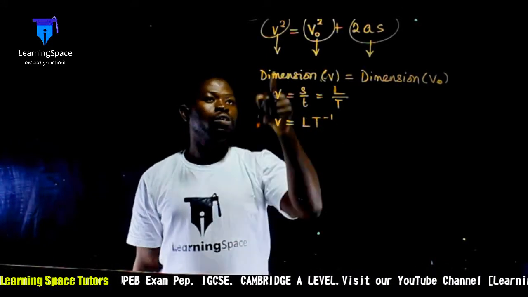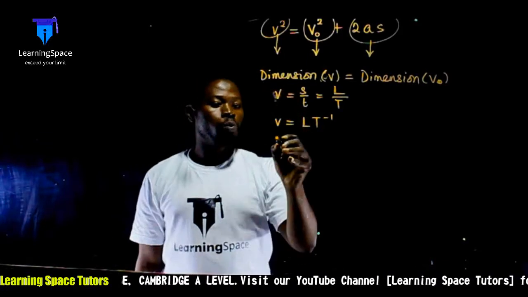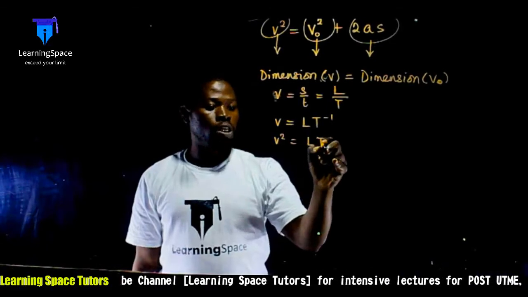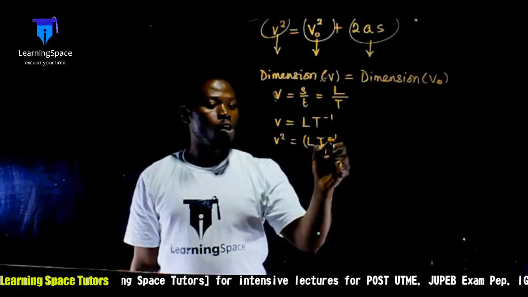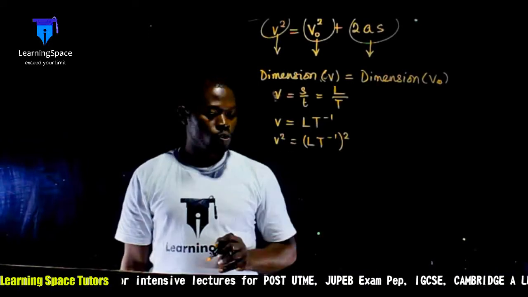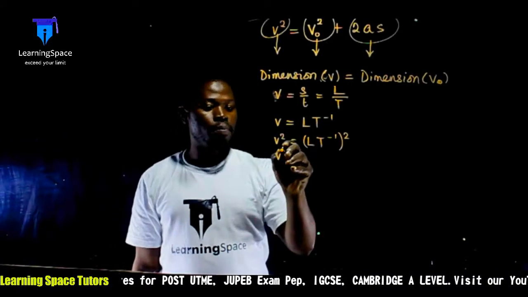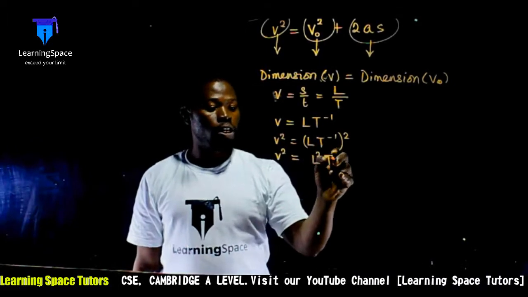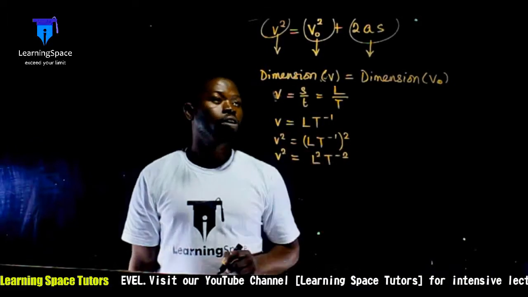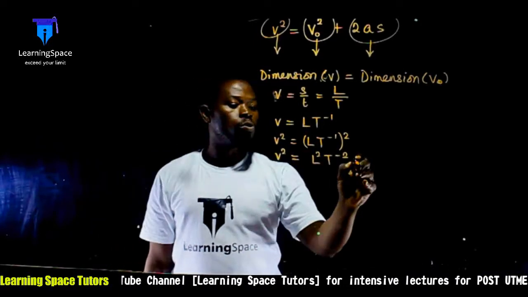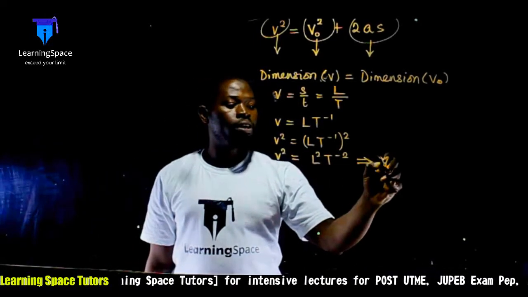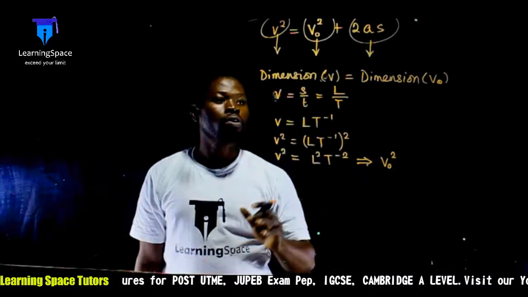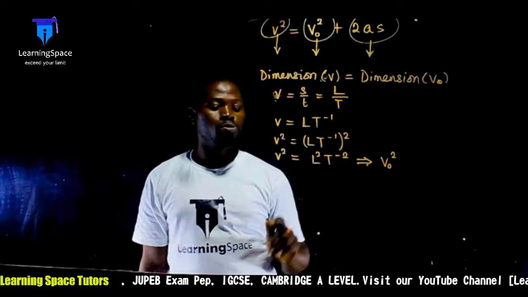Now, you can see that in this equation, we have V squared, which is going to be L T minus 1 all squared. So we have the dimension for V squared to be L squared T minus 2. Same goes for V naught squared. So what we are left to prove has the same dimension with this is the 2as.